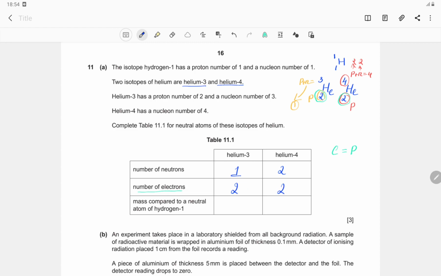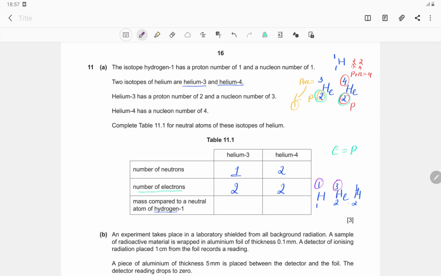And next is mass compared to the neutral atom of hydrogen-1. So you should compare the mass of hydrogen. As we have already seen, hydrogen is 1, 1 and for helium you have 2, 3 and 2, 4. Now you need to compare the masses. We can compare the mass of hydrogen and helium-3 and there is a difference of 2.